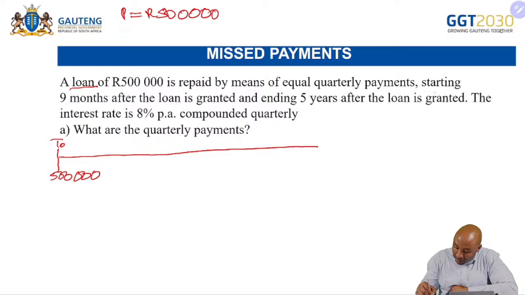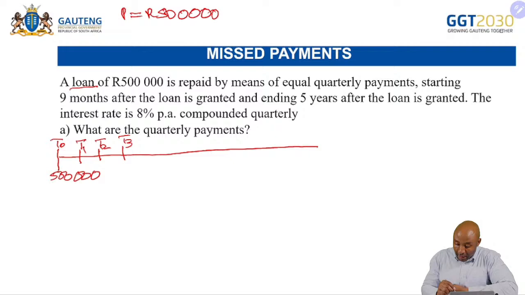Equal quarterly payments starting 9 months after. Now, remember, in this case, our T1 should be 3 months, our T2 represents 6 months, T3 represents 9 months. Because a quarter represents 3 months.